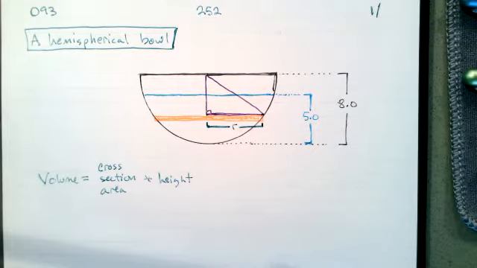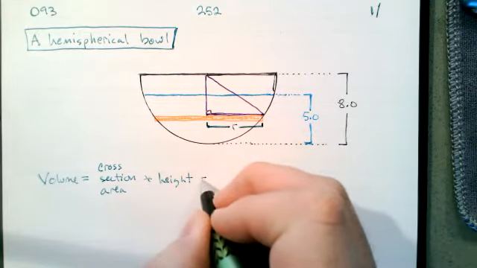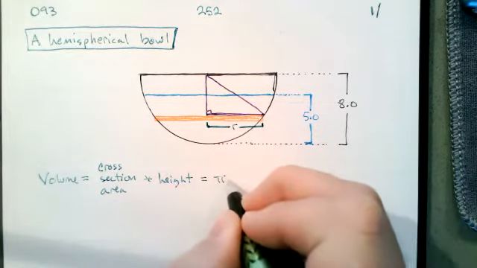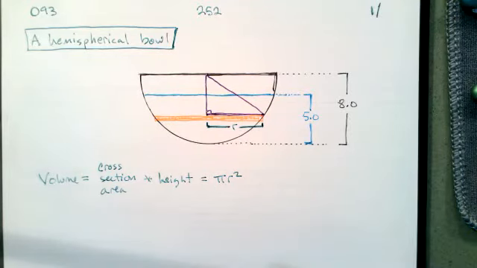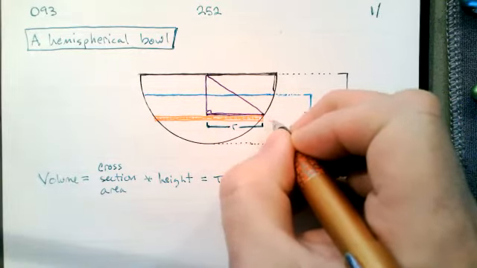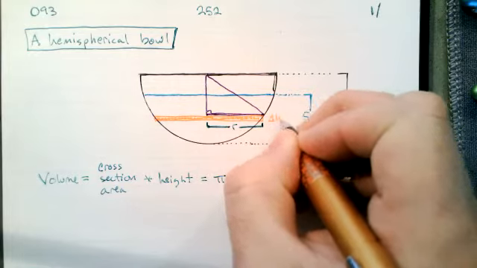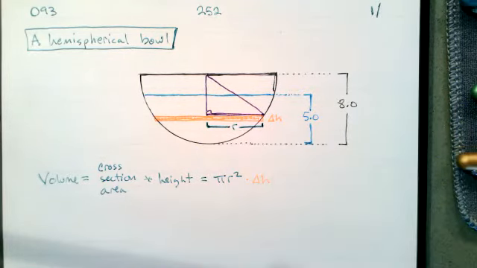So our volume of this little slice is going to be pi r squared multiplied by the height, which is the part that's going to get thinner. So I refer to that as the delta variable. So this is the change in height. Now we just need to define h.